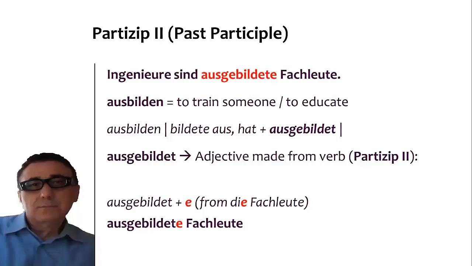As you see, the verb here is ausbilden, to train someone or to educate someone. We take ausgebildet, add an extra E, which comes from the article die of Fachleute, and finally we end up with ausgebildete Fachleute.